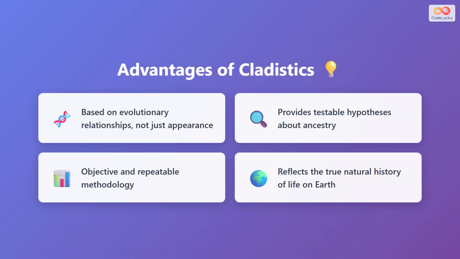Cladistics offers several important advantages over traditional classification methods. First, it is based on evolutionary relationships rather than superficial similarities in appearance, which means it reflects true biological history. Second, cladistics provides testable hypotheses about ancestry that can be confirmed or revised as new evidence becomes available, making it a scientific approach.